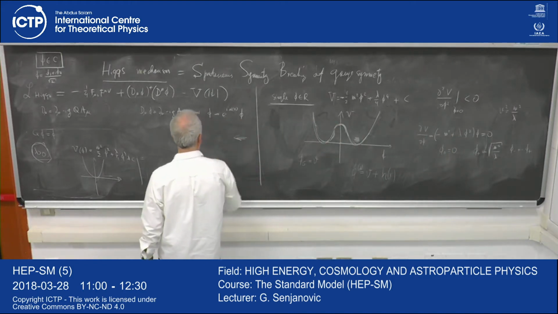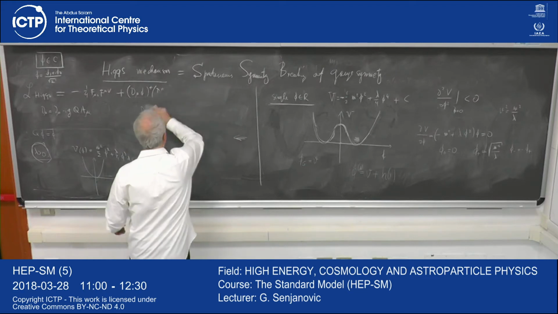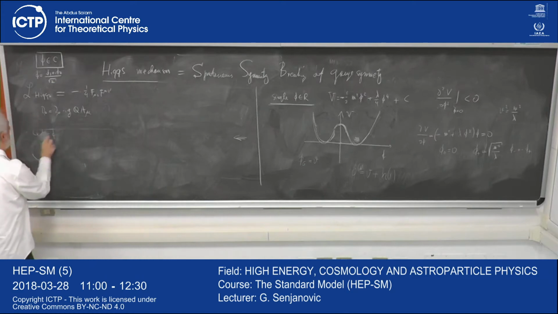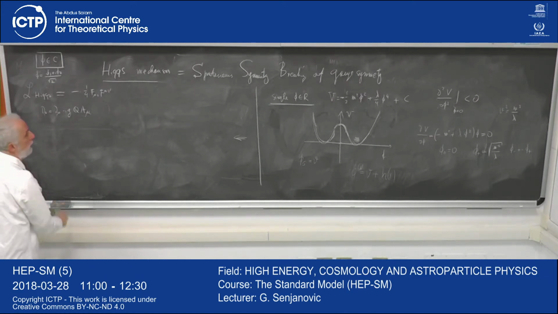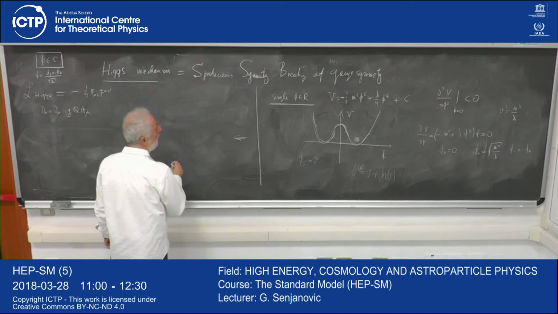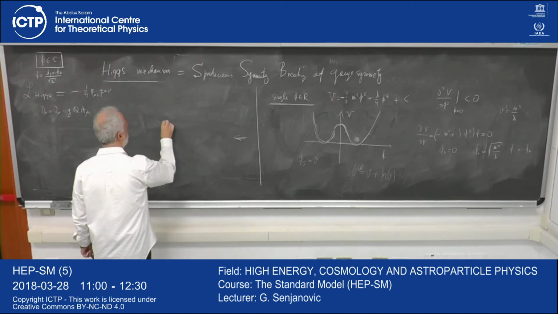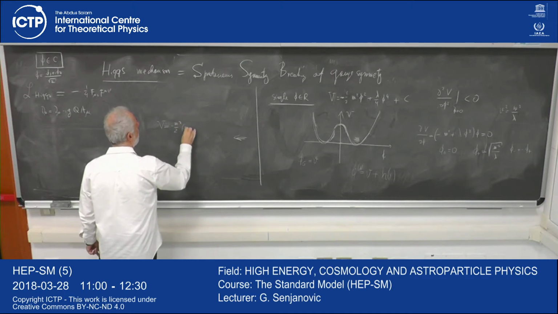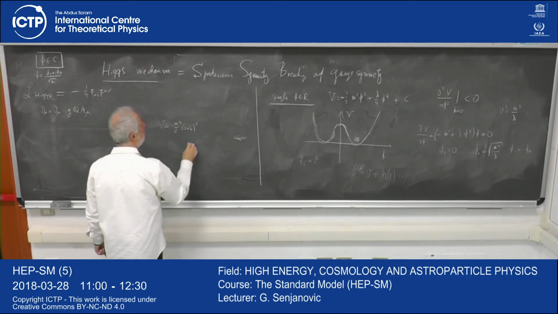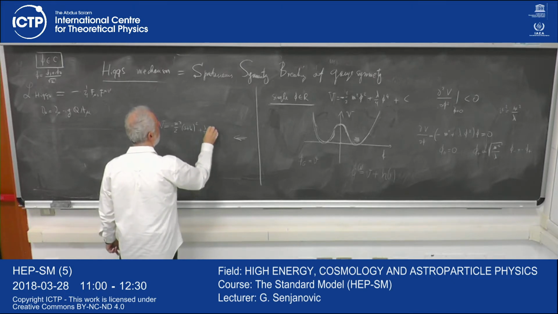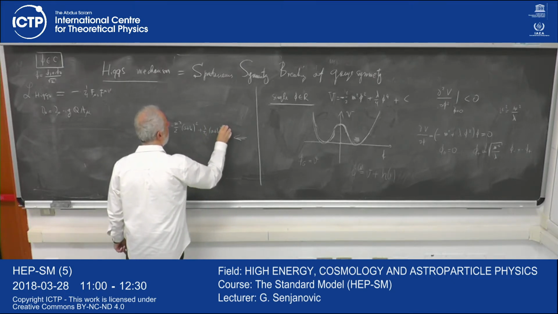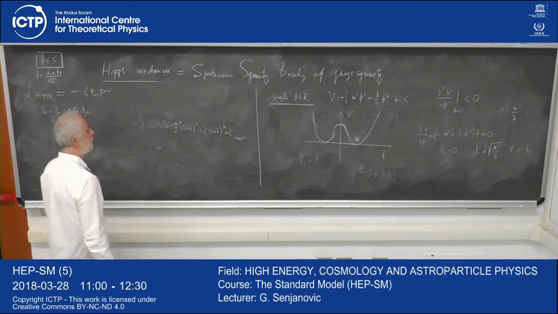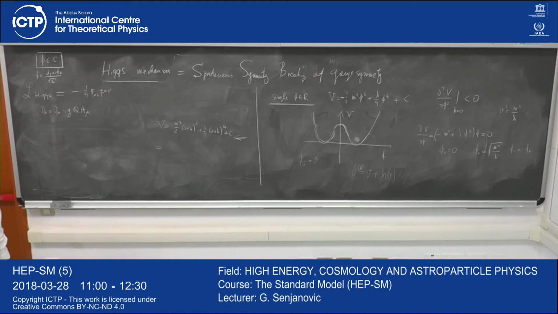Because that would imply, just for the time being, that the potential is minus m squared over 2 times (v plus h) squared, plus lambda over 4 times (v plus h) to the fourth, plus this constant. I don't write the value of the constant, it's not so important.